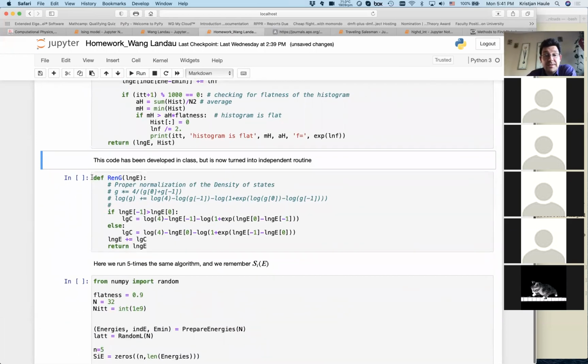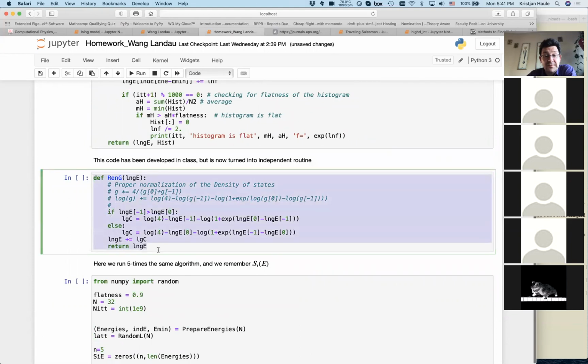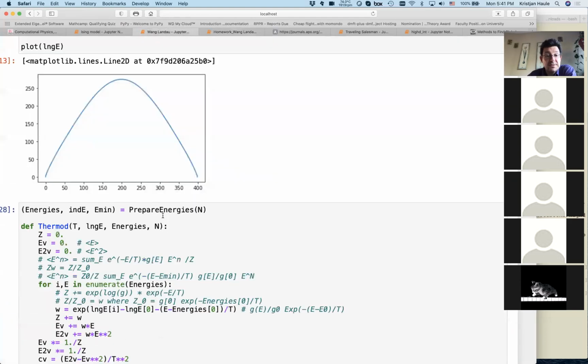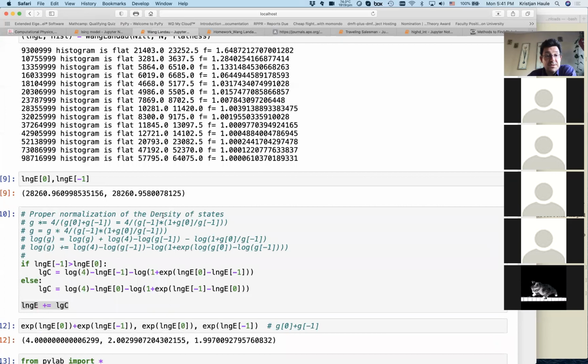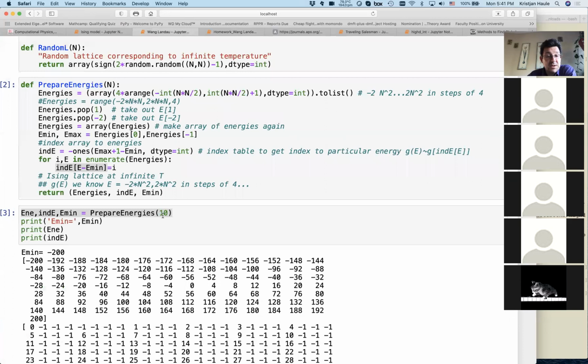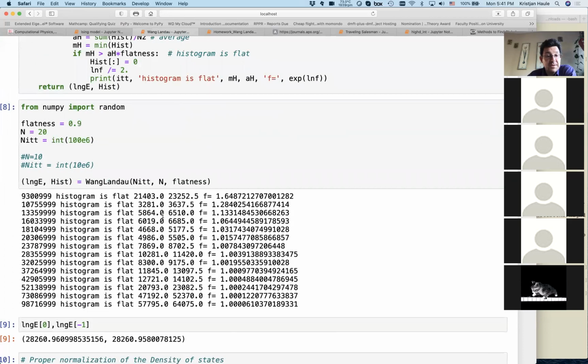Then this part, the renormalization of density of states, is something that we also have in the previous notebook. I just turned it into a routine because we're going to need to do this 5 times, for 5 different runs. In the previous notebook we have done it only once. Let me show you where. Here.